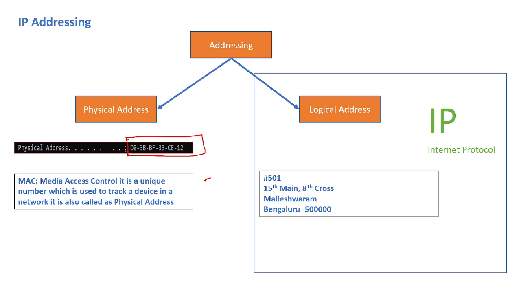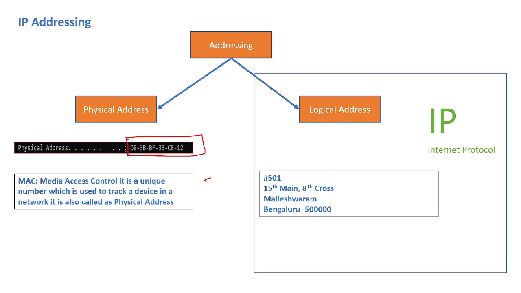I told you the physical address is universally unique. No other computer will have this MAC address. It is unique in nature, like your IMEI number on your phone. People track a mobile phone, where exactly it was, using your IMEI number, because that is unique in the entire world.